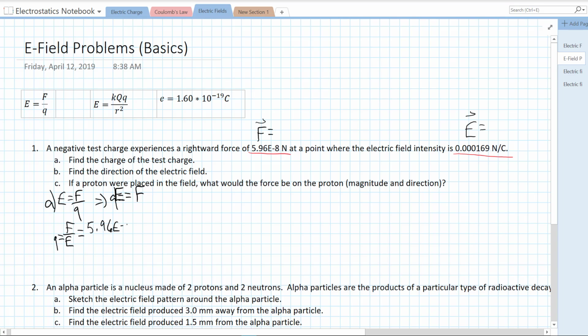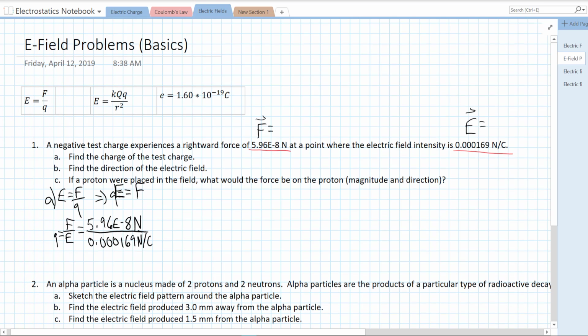Plug in our numbers. 5.96 times 10 to the minus 8 newtons divided by our electric field, 0.000169 newtons per coulomb. Newtons cancels. Divided by 1 over coulombs gives us coulombs, so we'll plug it into a calculator. 5.96 times 10 to the minus 8 divided by 0.000169.